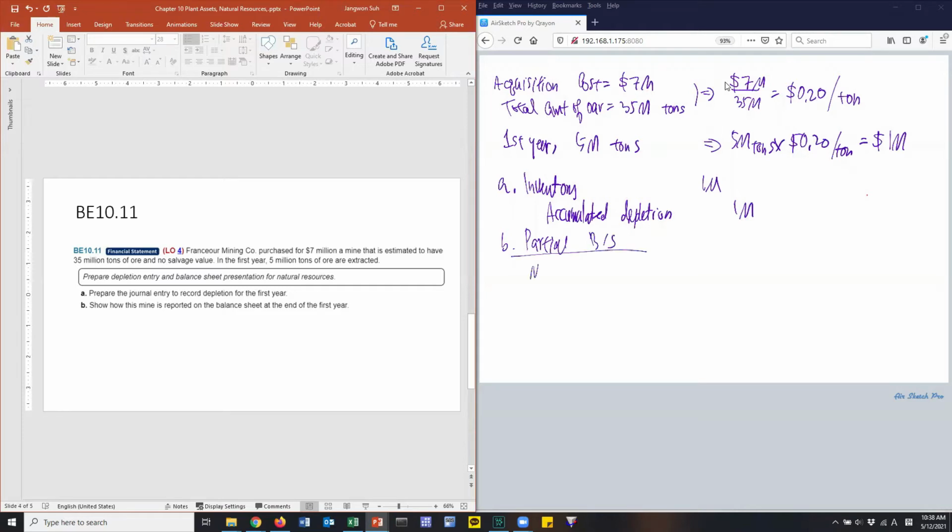Okay, B, partial balance sheet. What do you have? Mine. Again, using the historical cost principle approach, you say that it has a value of $7 million.